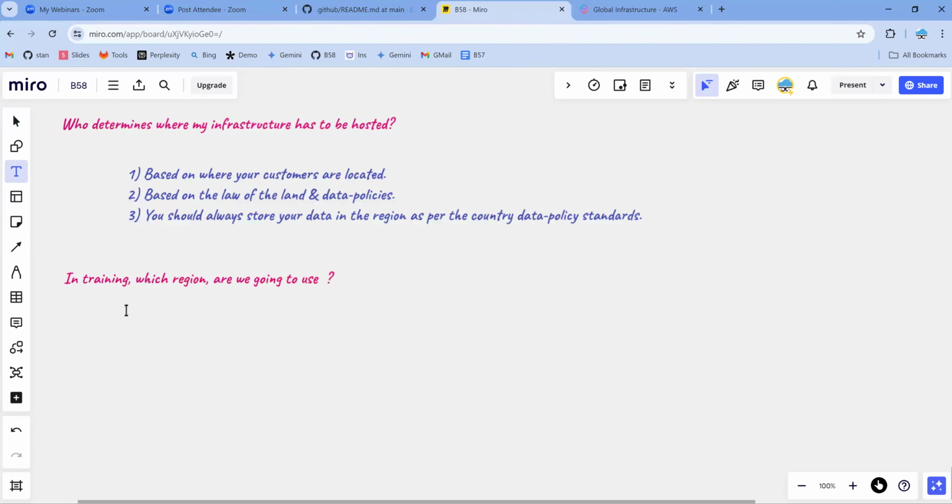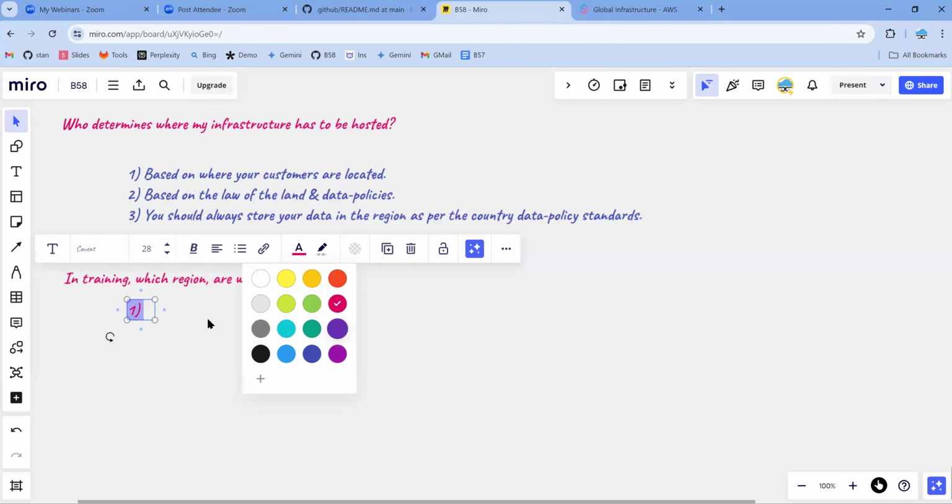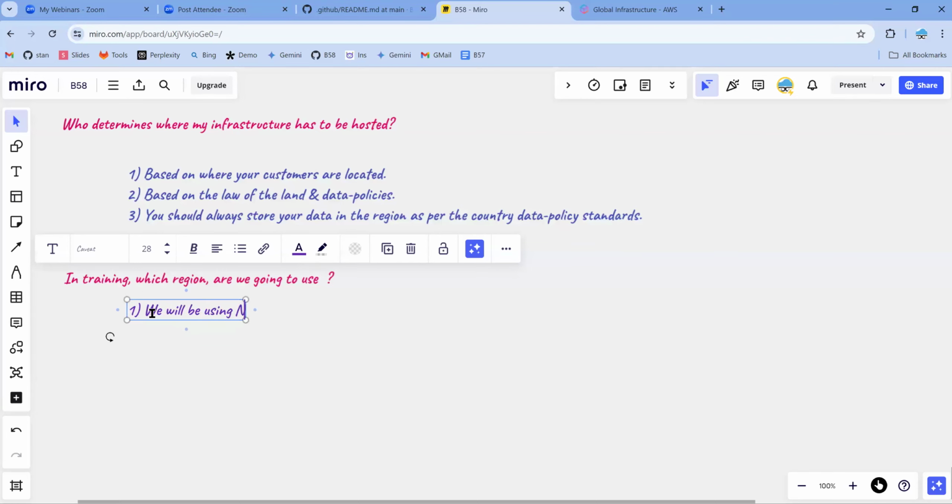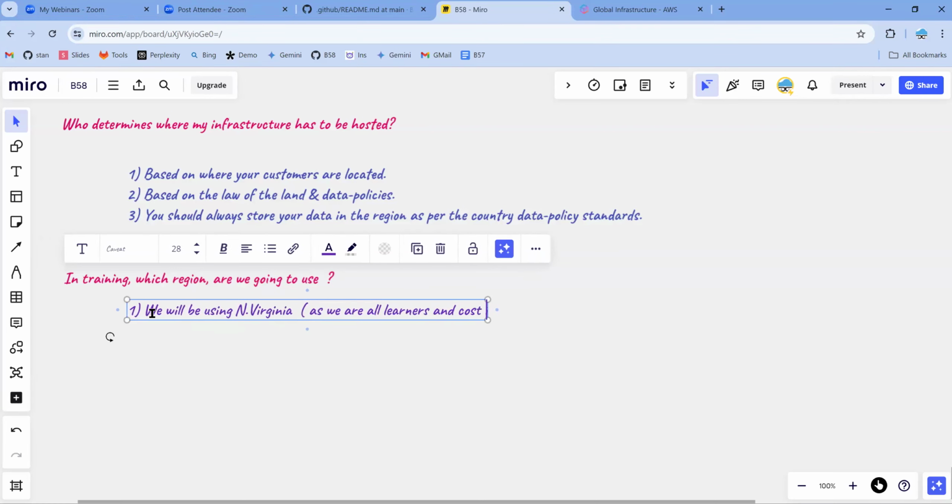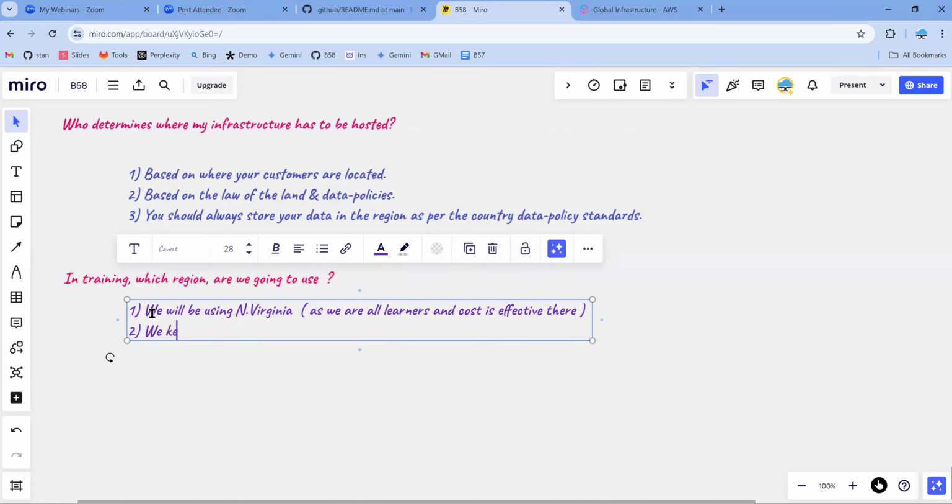We are going to use North Virginia, and all the images, operating system images, everything I'll keep in North Virginia. We will be using North Virginia as we are all learners and cost is effective there. And second thing, we keep all the needed images.